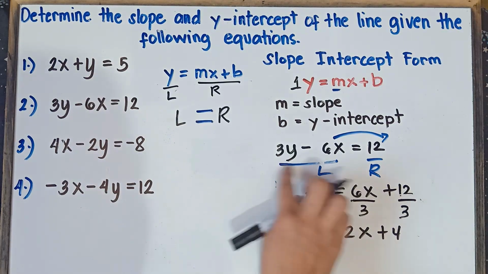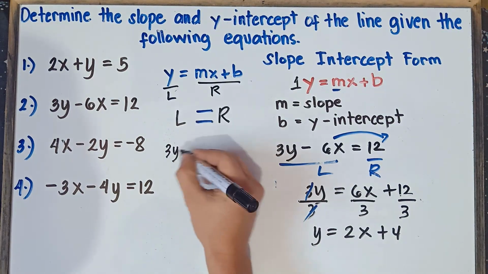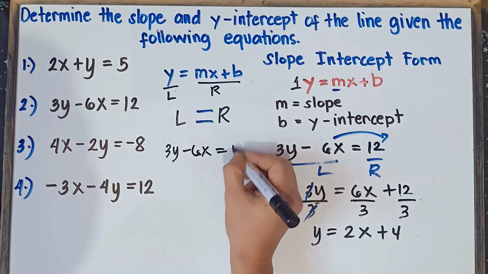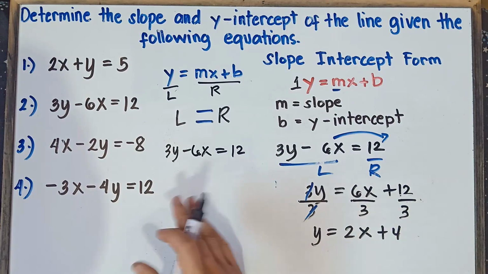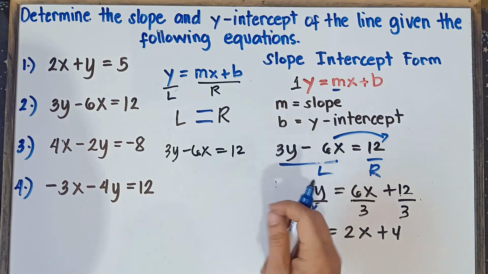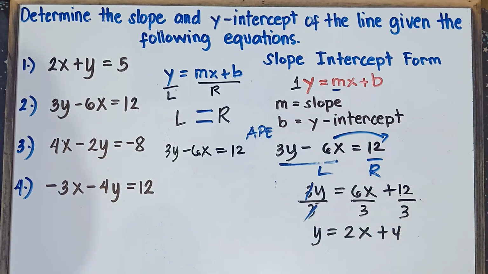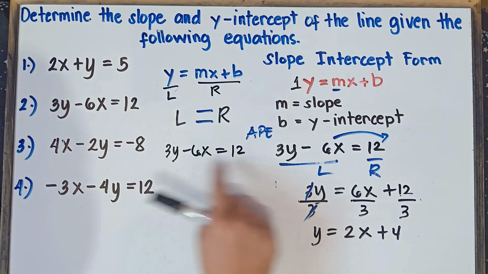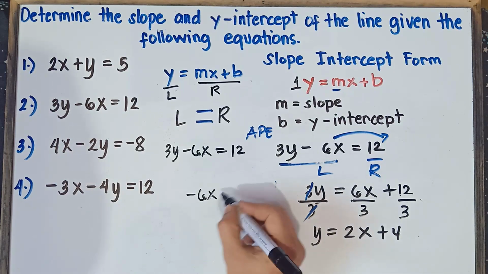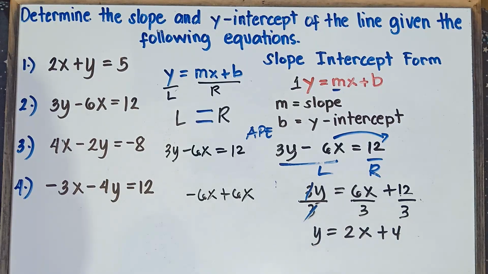So once again, in this given, 3y minus 6x equals 12, if you don't want to transpose, class, you can apply the addition property of equality, APE. You can add positive 6x to both sides, because negative 6x plus 6x cancels out and equals 0.